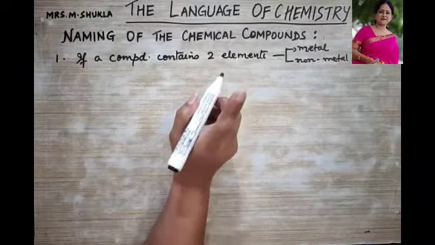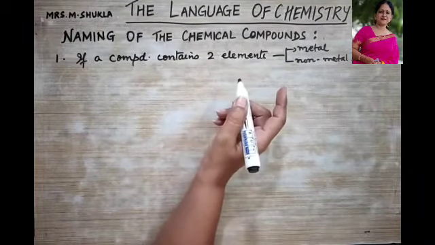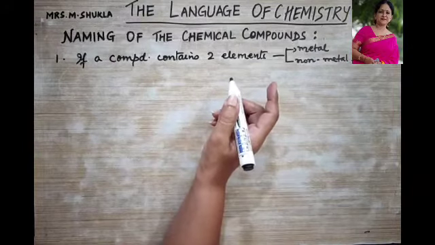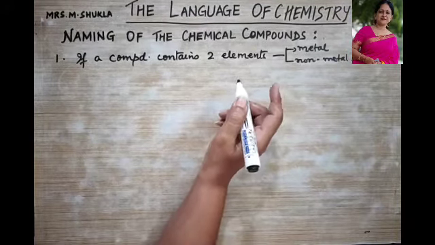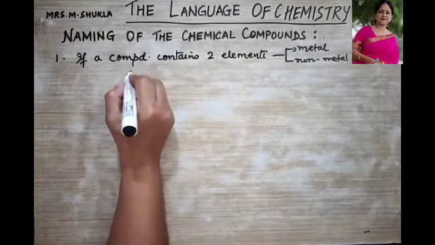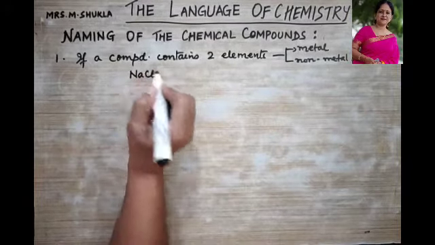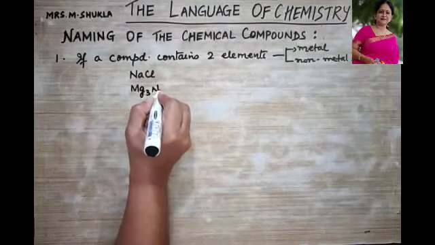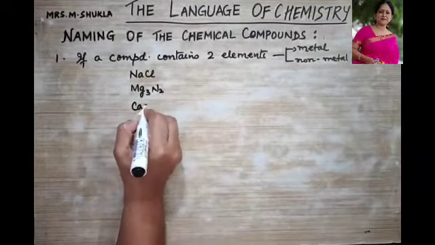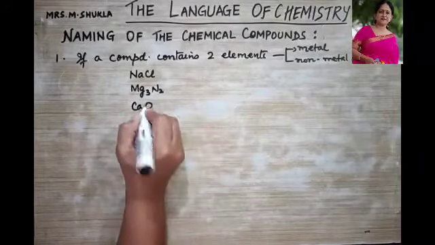First, the name of the metal will come, followed by the name of a non-metal with the suffix "ide" at the end. Let's take an example like NaCl, or maybe Mg3N2, or another example we can take as CaO.